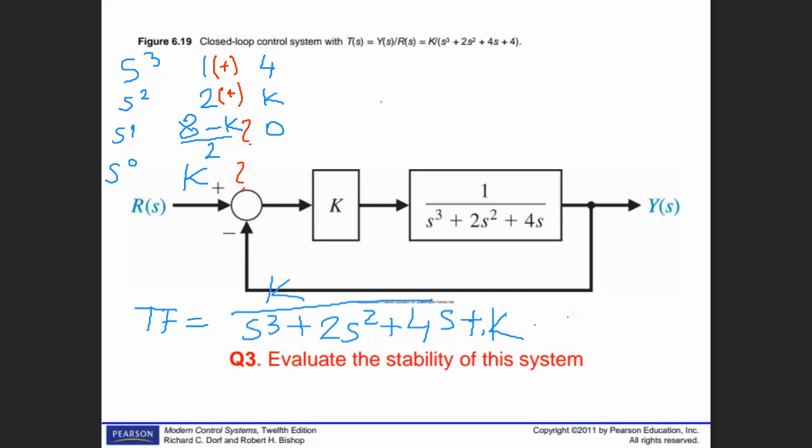So that means 8 minus 2 minus k should be higher than 0. That means k should be smaller than 8.